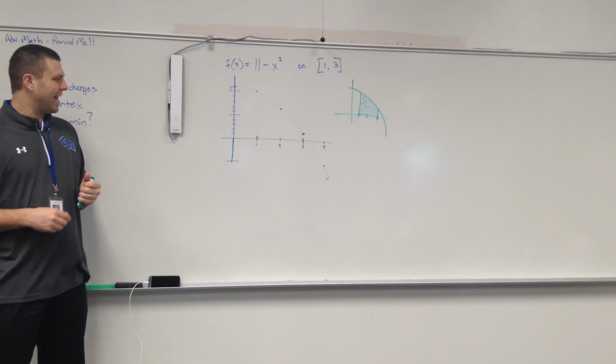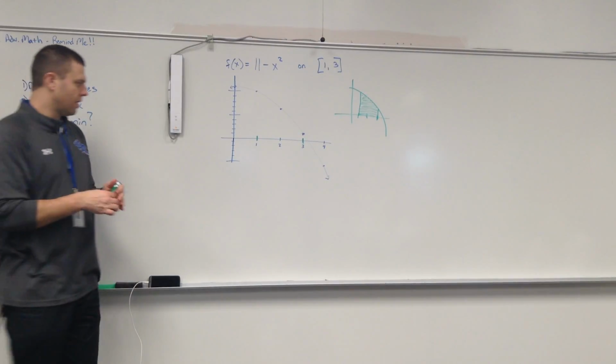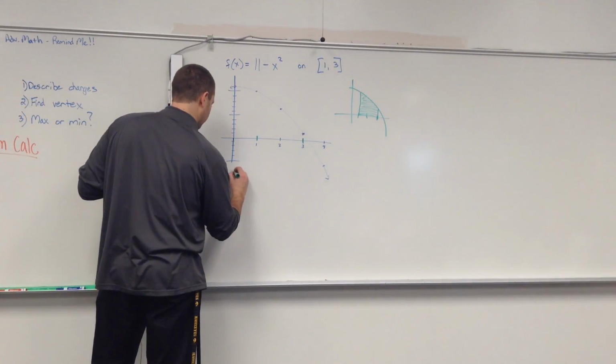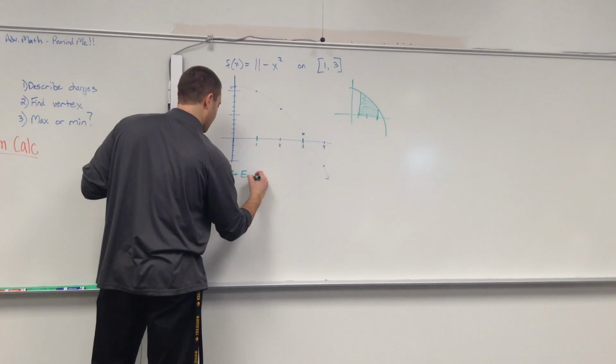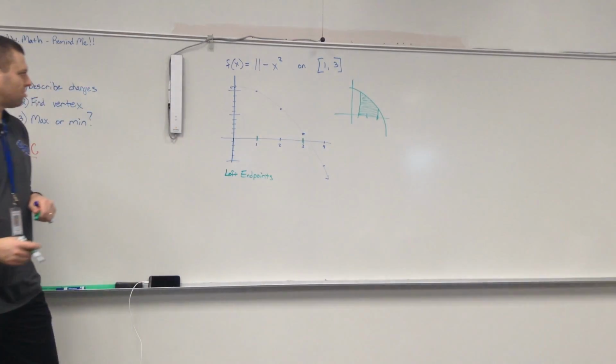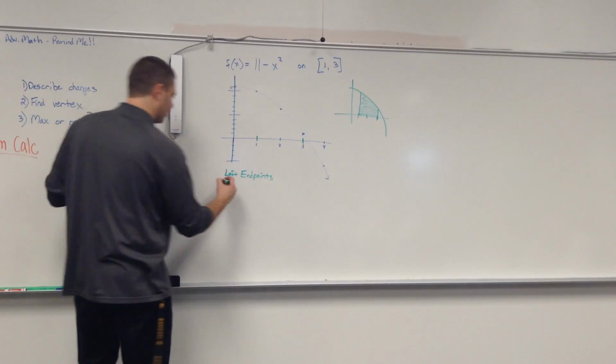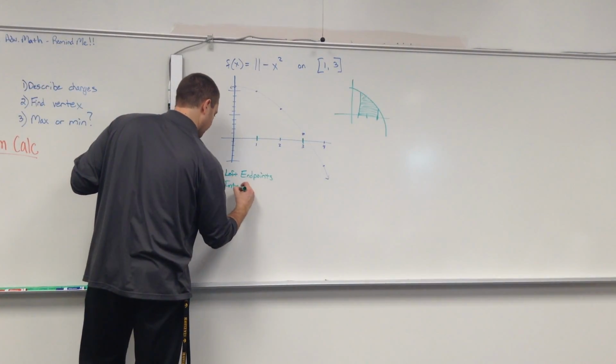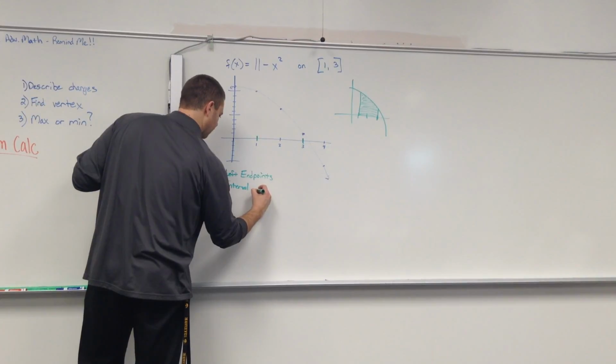So we're just going to estimate it to the best of our abilities. For right now, I'm going to use left endpoints this time, and I want to be a little bit exact, so I'm going to use an interval of 0.5.